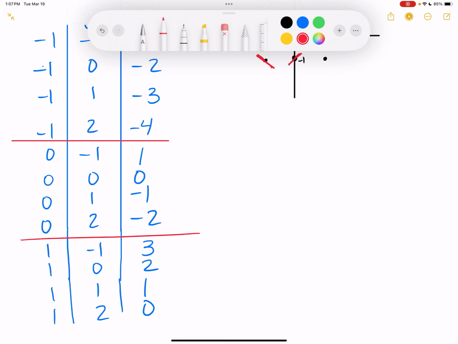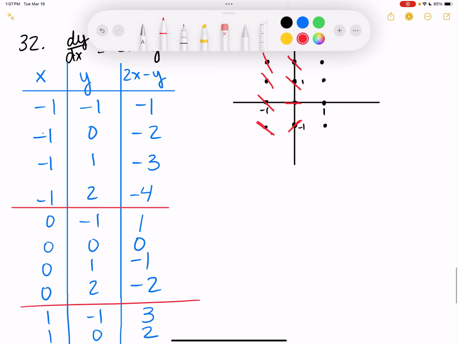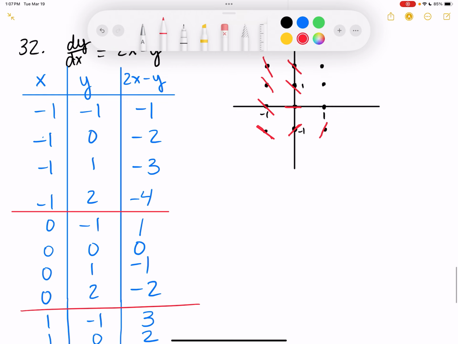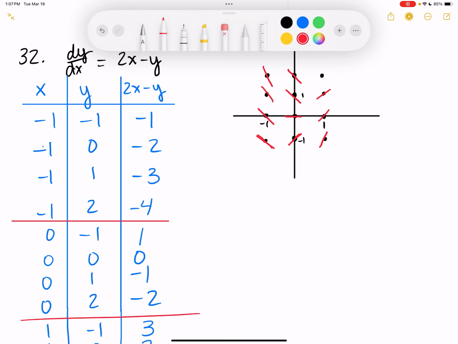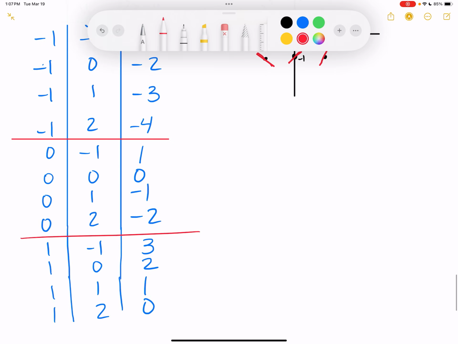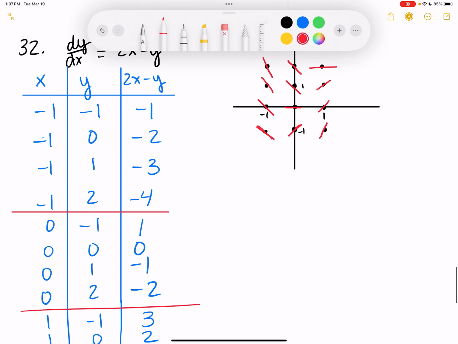So at 1, -1, it's a slope of 3. At 1, 0, it's a slope of 2. At 1, 1, it's a slope of 1. And at 1, 2, it's a slope of 0.